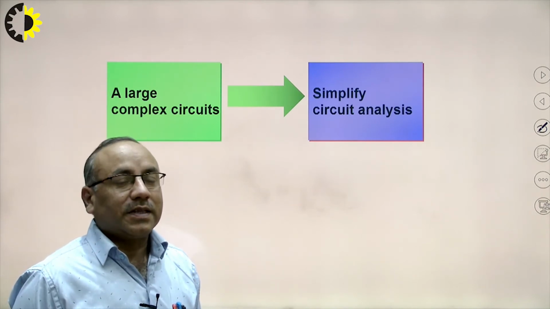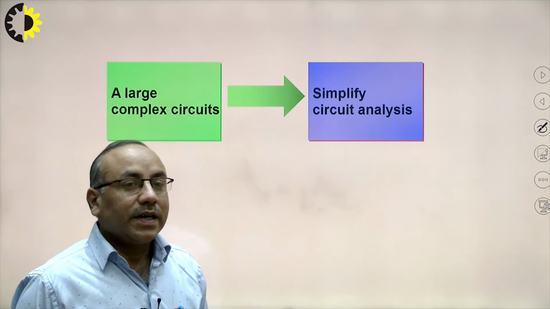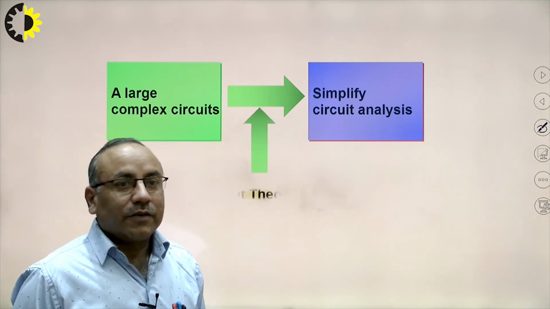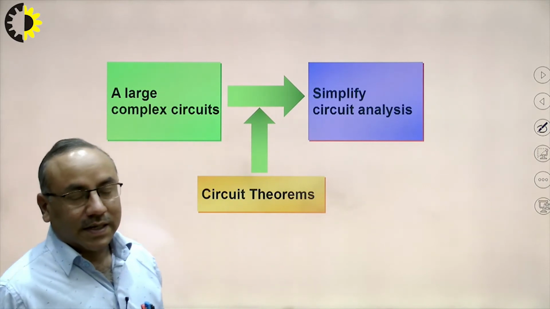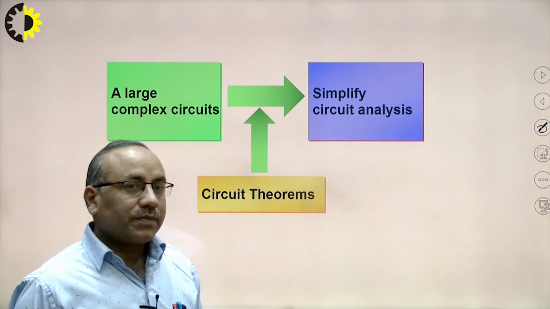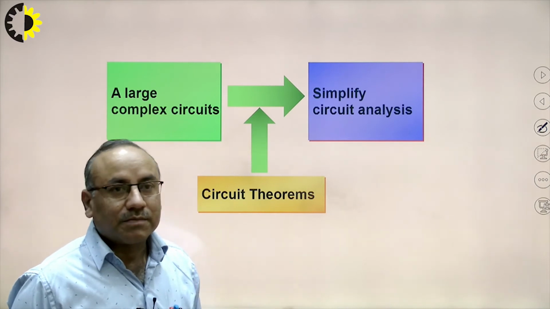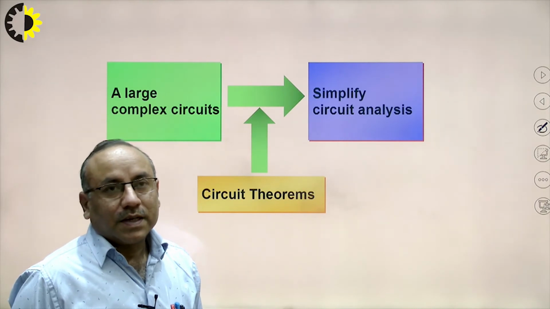But here in this topic today, I will go for the application of the superposition theorem in order to simplify a given circuit. So, we apply circuit theorems for simplifying the circuits. There are different circuit theorems, like superposition theorem, Thevenin theorem, Norton's theorem, reciprocity theorem, compensation theorem.